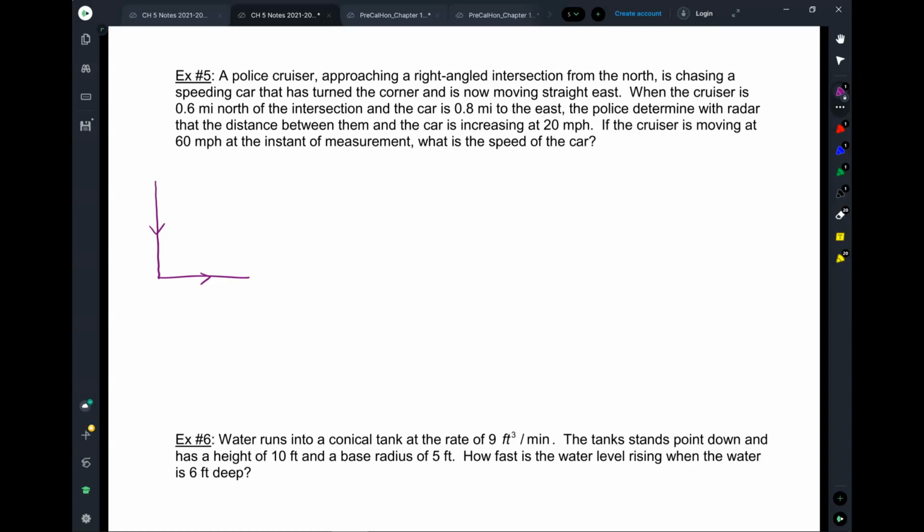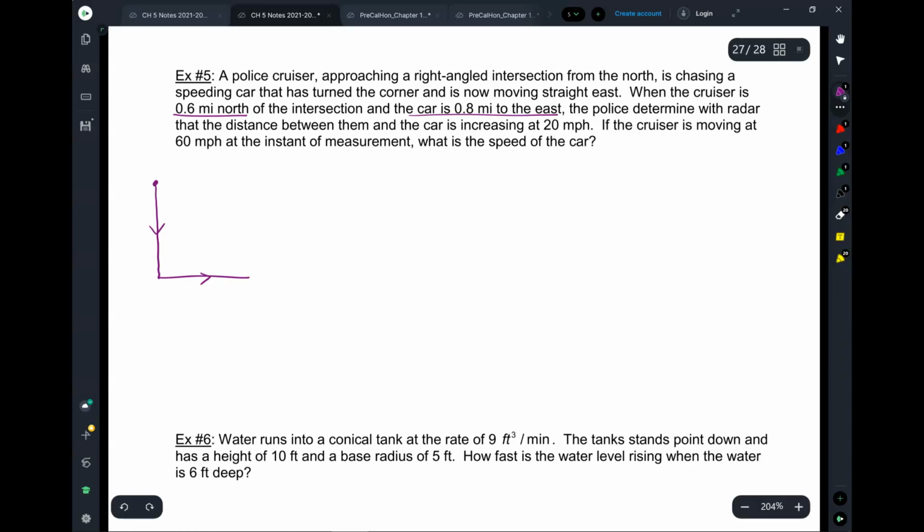When the cruiser is 0.6 miles north of the intersection and the car is 0.8 miles to the east, the police determine with radar that the distance between them and the car is increasing at 20 miles per hour.